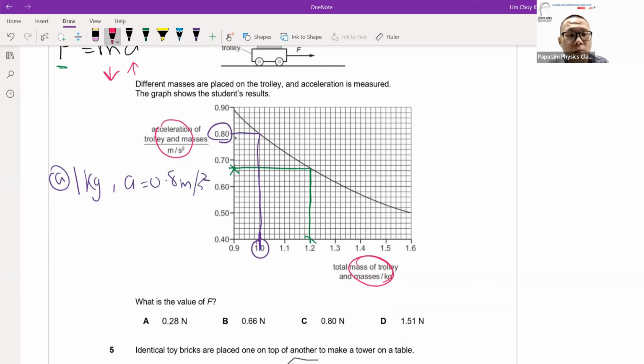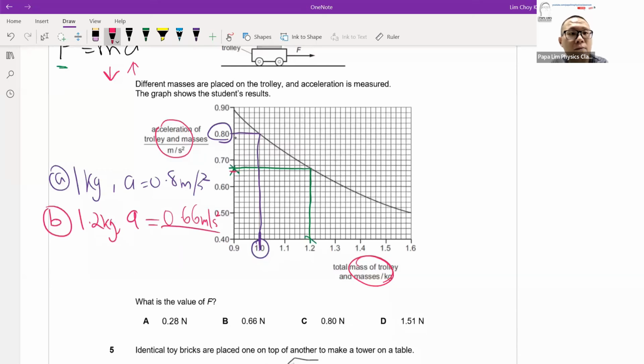At 1.2 kg, the acceleration is roughly, what was the number here, 0.6, let's say around 0.66 meters per second squared.